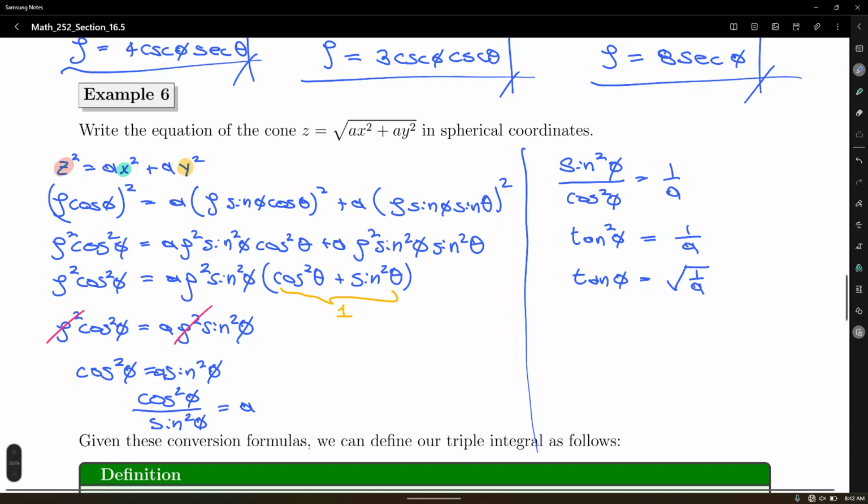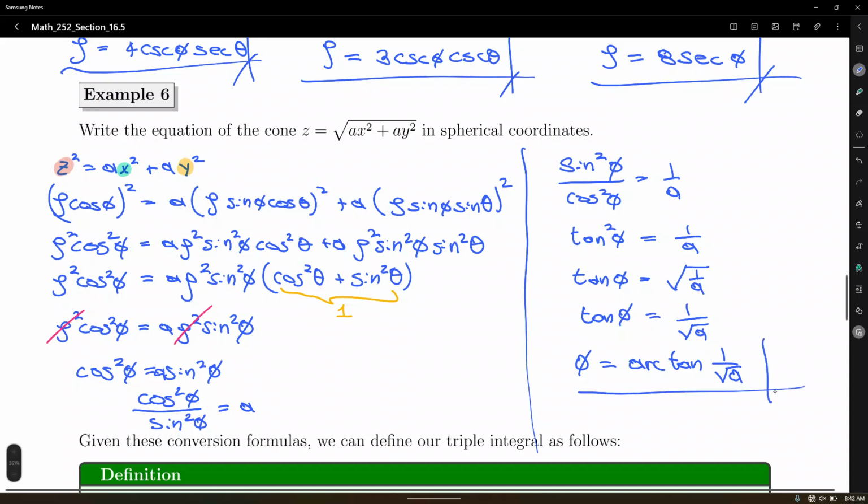So we're good to omit this plus minus. The square root of 1 is 1. The square root of a is just the square root of a. That is tangent of phi. That means the drop-down angle phi is the arctangent of 1 over the square root of a.